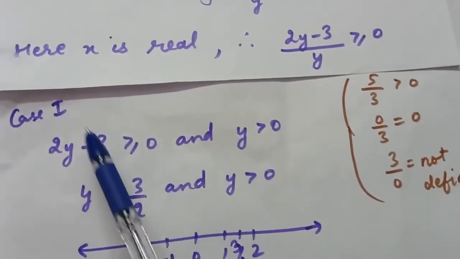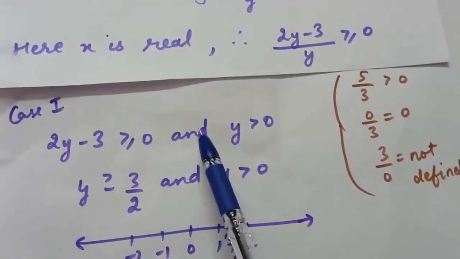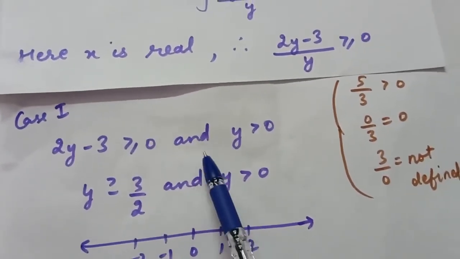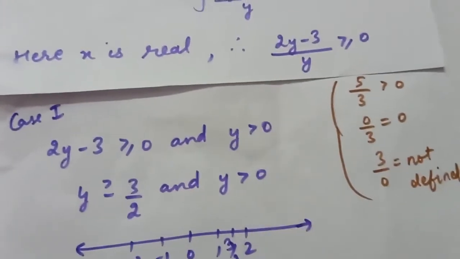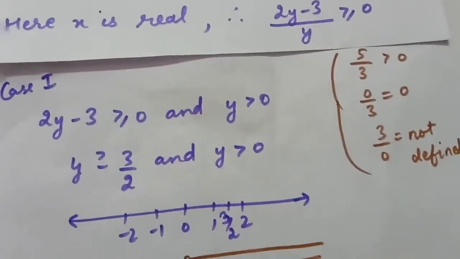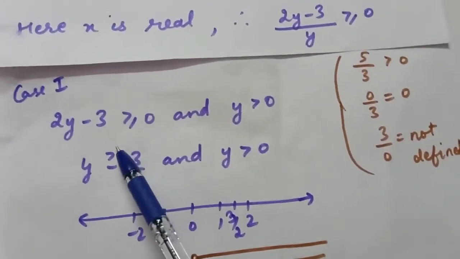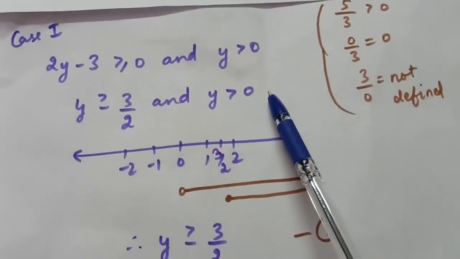Therefore, the first case is that the numerator is greater than or equal to 0, and because this is the compulsory condition, you will take y greater than 0, right? So when you solve this, you'll get y greater than or equal to 3 by 2 and y greater than 0.